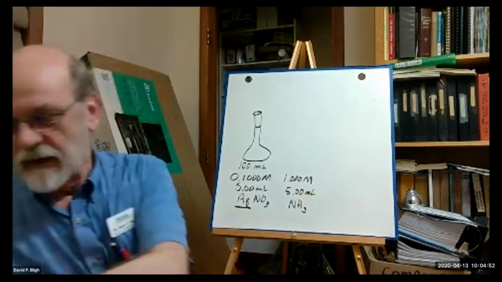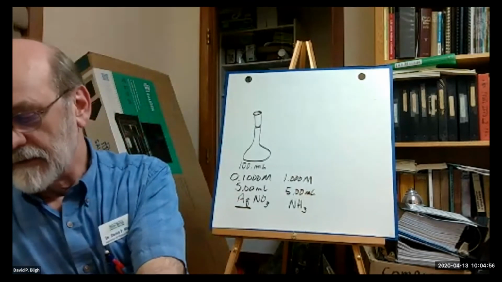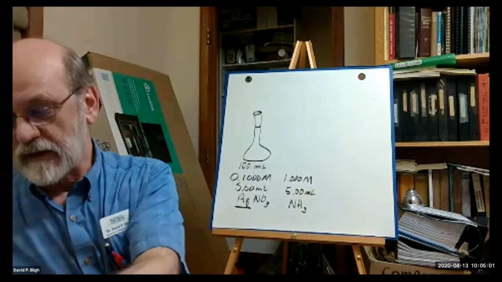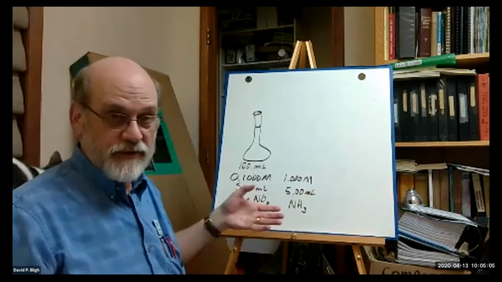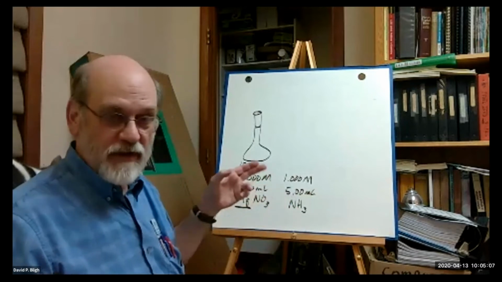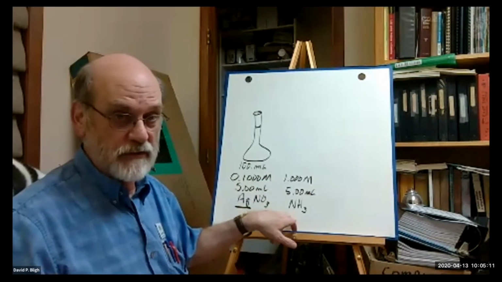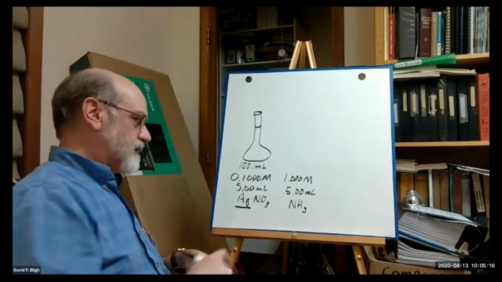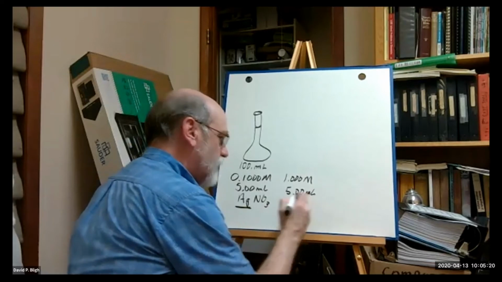But in fact, on the last page of your hard copy, I give you a calculation in the appendix that proves that at that concentration, 99.6% of the ammonia is not ionized. It is ammonia in solution. It's not ammonium. Right? So we're safe in saying that we have that concentration.